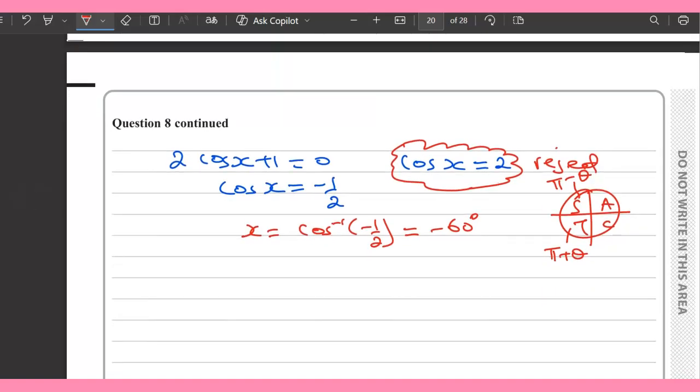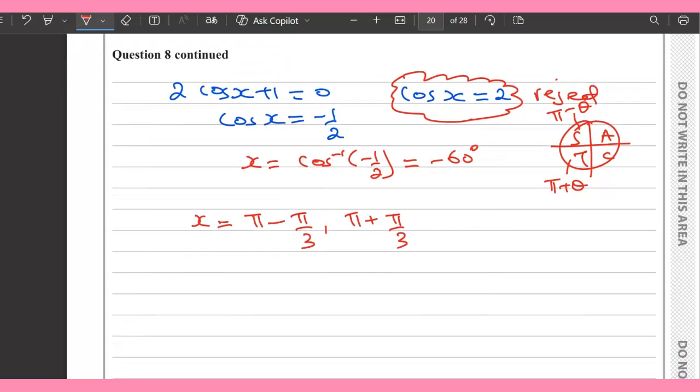Now substituting this, we'll have the value of x to be, in the second quadrant, pi minus 60 degrees, which is the same as pi minus pi over 3, and in the third quadrant we'll have pi plus pi over 3.